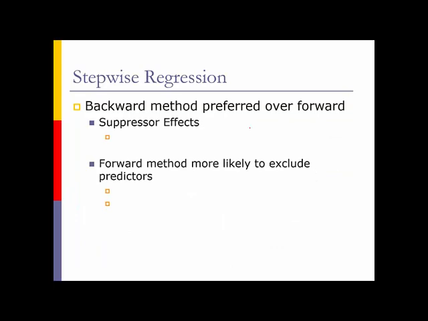Alright, so of those stepwise regressions, which one is best? Most people prefer the backward method because of suppressor effects. And what are suppressor effects? Well, it occurs when we have a predictor that has a significant effect, but only if another variable is present in the model.